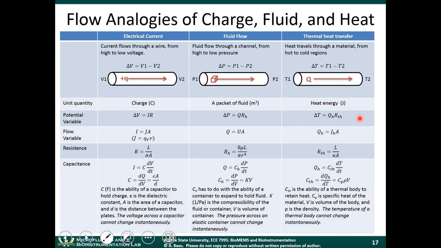So heat energy, the units for this is joules, travels from hot regions to cold regions. So imagine that we have two areas which are at different temperatures. The difference in temperature is delta T. And they're connected by something that allows heat flow. So let's say a metal wire. A metal wire conducts heat relatively well.